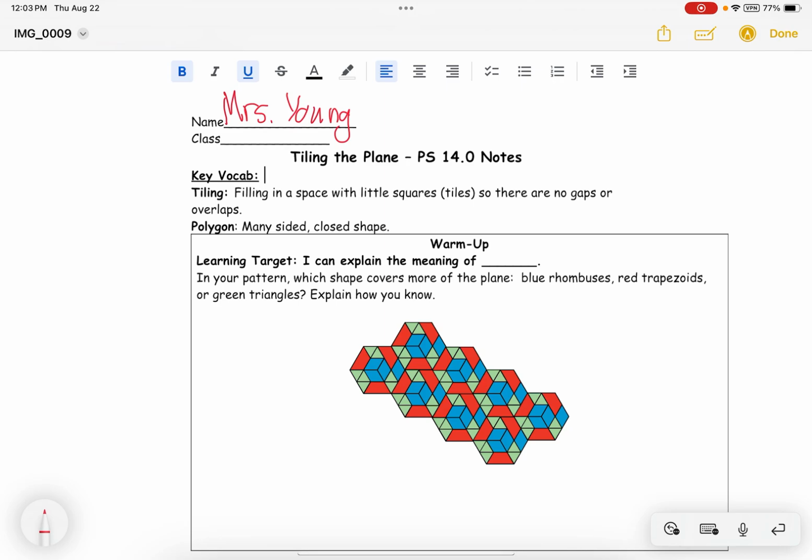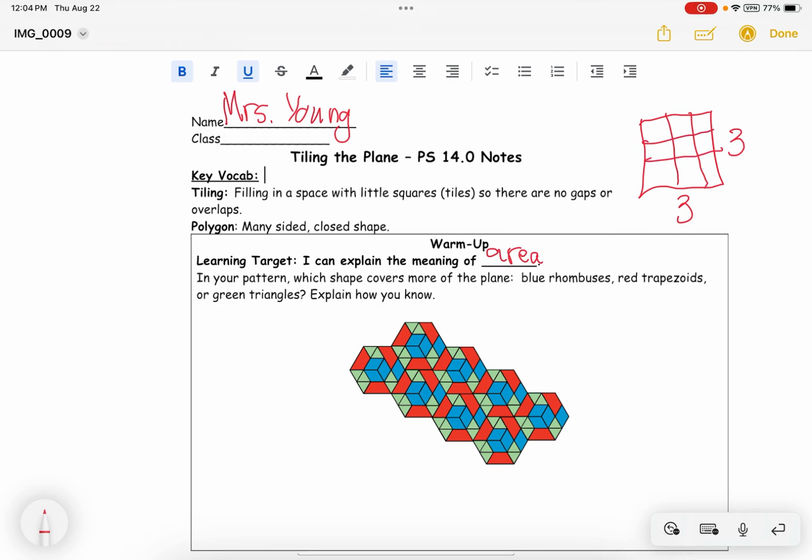So our learning target is I can explain the meaning of area. You probably know area as with shapes like a square. For example, the area of a square that is 3 by 3. I'm going to demonstrate.